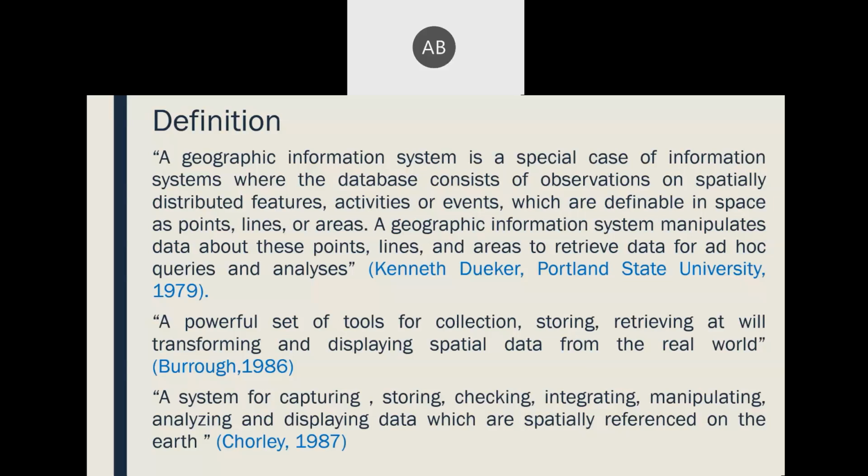That means even after 10 years, if someone wants the data, there is a place where the data is. Then retrieve. Retrieve means after 10 years, you can give somebody that data. At will means whoever is operating the system should be able to do it. And display it also from the real world onto the computer screen.